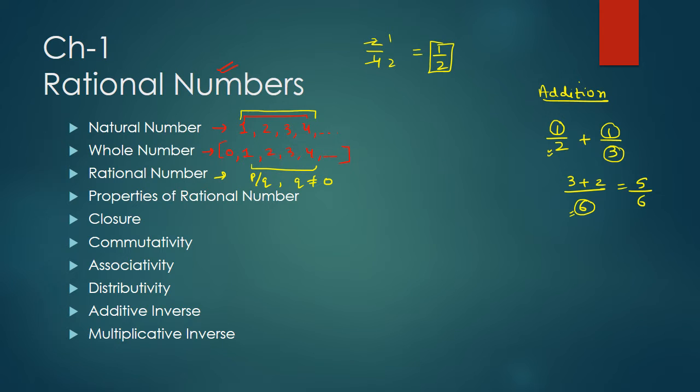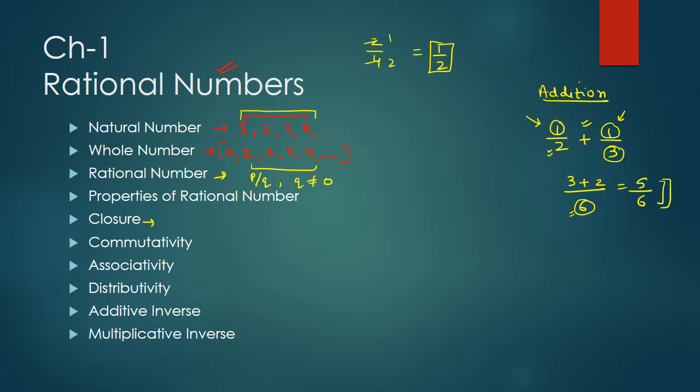Now, if you are doing addition, the answer is also a rational number. Addition of two rational numbers is giving you a rational number only. So this is called the closure property. Closure property is nothing but when you take an operation between two numbers, whatever type of numbers they are, the result is also of the same type.